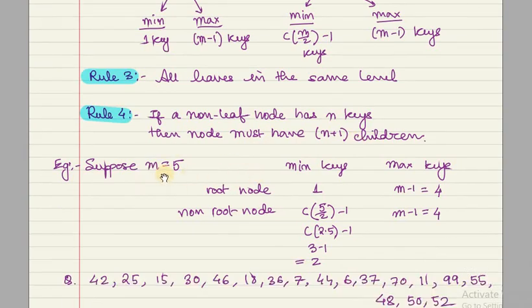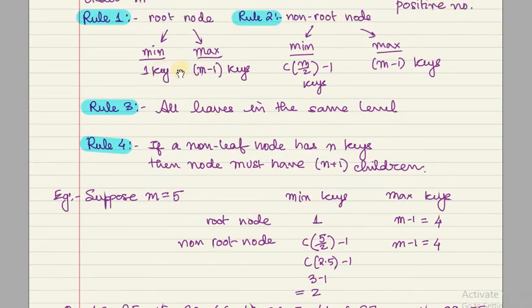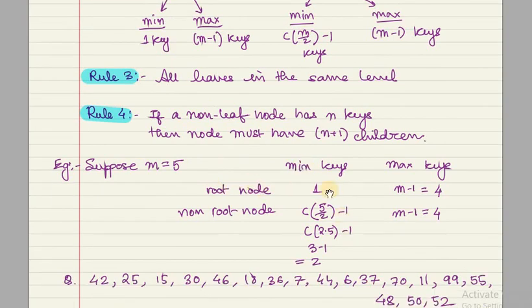So if we have m equal to 5, we had these particular formulas with us, right? Now we will try to put the value 5 into those formulas. In case of root node, minimum was 1, maximum was m minus 1. In case of non-root node, minimum was ceiling of m by 2 minus 1, and maximum was m minus 1 again.